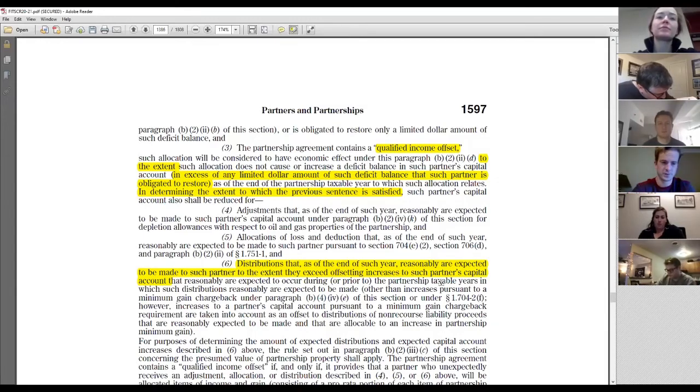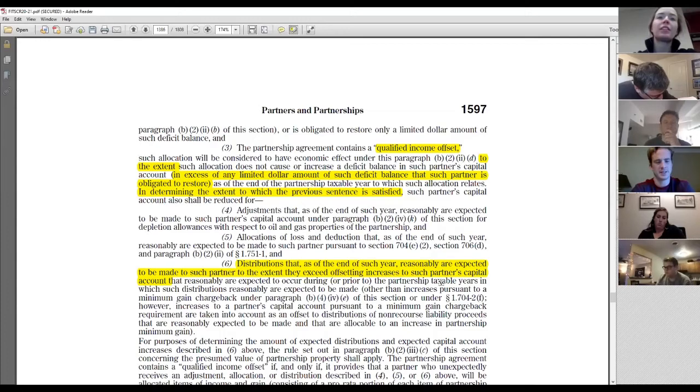They borrow against appreciation in property. Borrow against future business prospects. Well, then borrowing does not create gross income. So you would get a distribution of those proceeds that wouldn't be matched by a capital account increase. Or a new partner could come in and just contribute a bunch of money, and then some of that money is used to distribute to the old partners. That also would not be matched by a capital account increase. It would just go down.